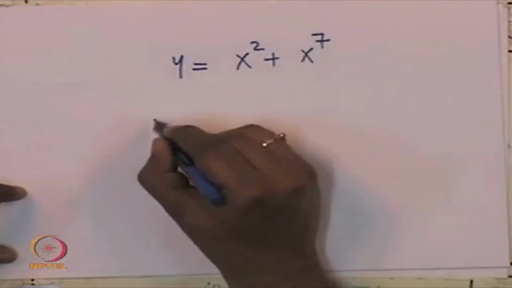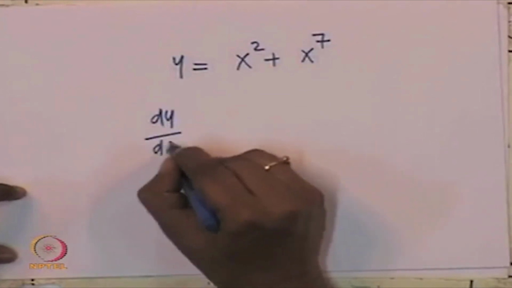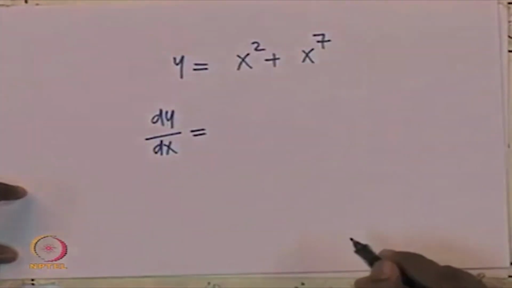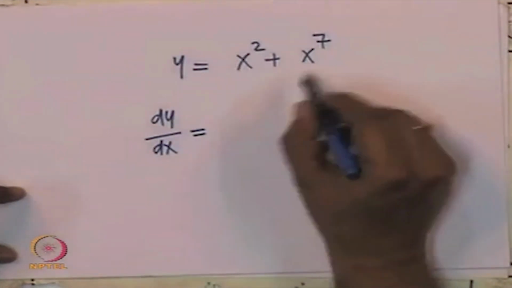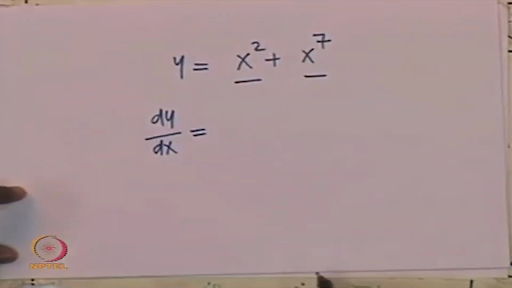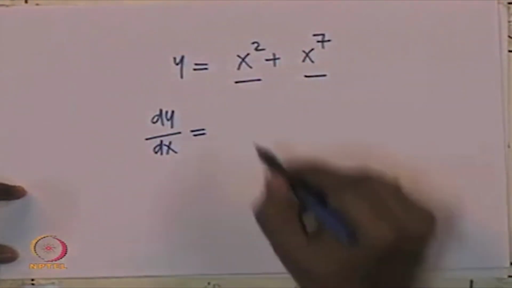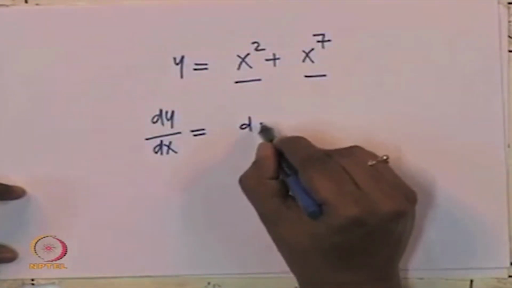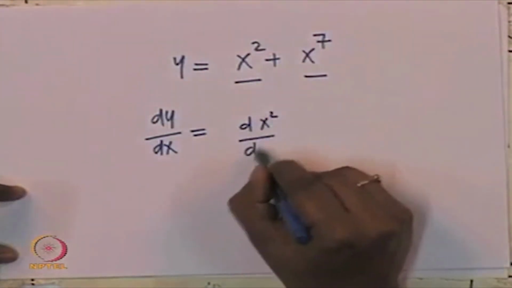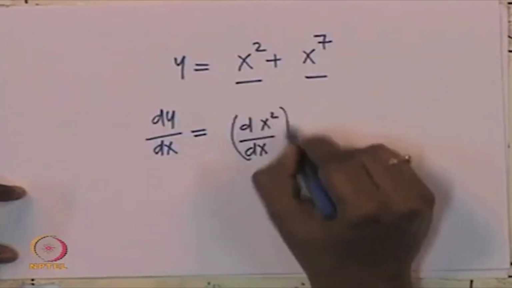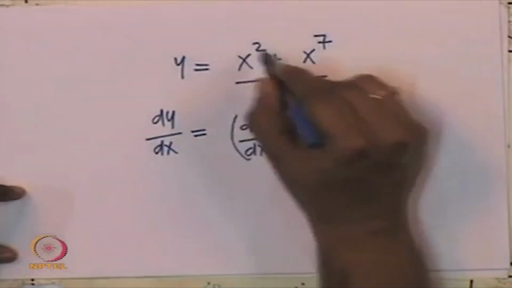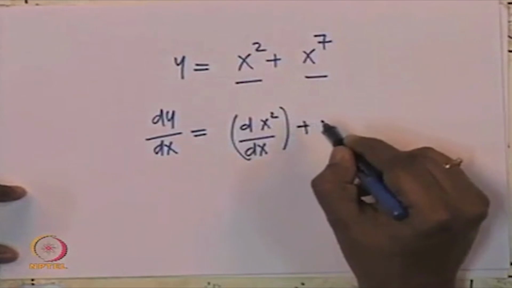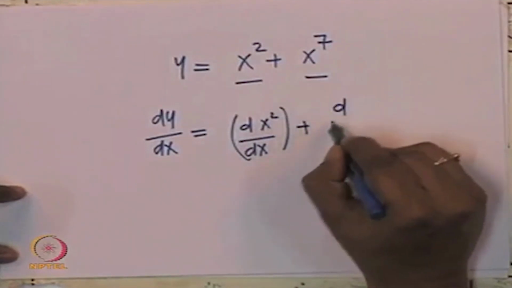It turns out that the derivative is found by taking the derivative of each function separately and summing them: the derivative of the first function plus the derivative of the second function.